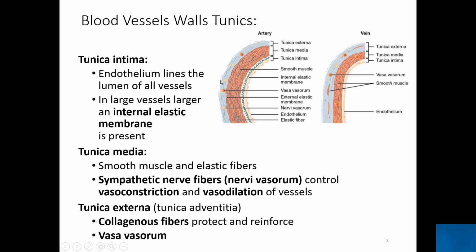And finally, there is tunica externa, this layer, and this layer has a lot of collagenous fibers for protection and reinforcing, for keeping the shape of the blood vessel, and also those vasa vasorum, tiny blood vessels, providing those muscle cells with nutrients and oxygen.